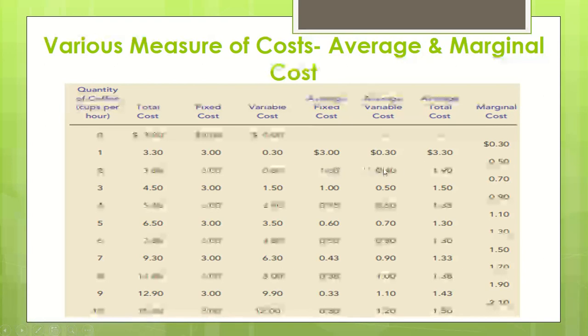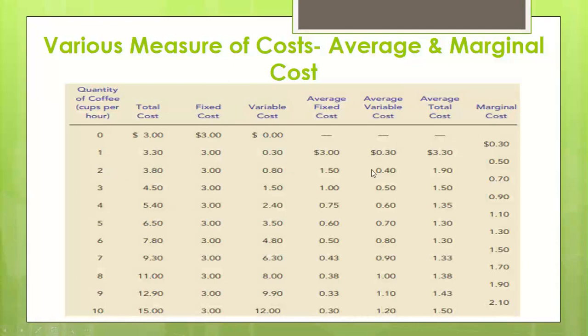And again, the average variable cost here comes by dividing the variable cost by the quantity. So the variable cost is 0.80, divided by the quantity, that is 2.